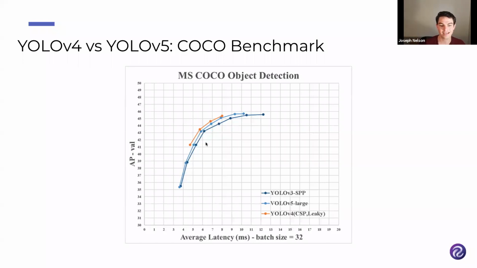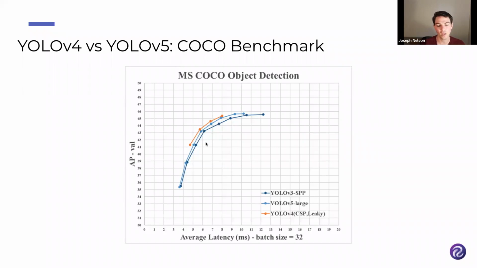On the x-axis is average latency. It's a measure of speed in a given batch size, with batch size being the number of images that you're processing, which is commonly multiples of 32 and multiples of 2. In this case, batch size of 32.